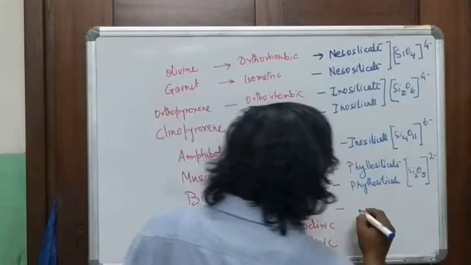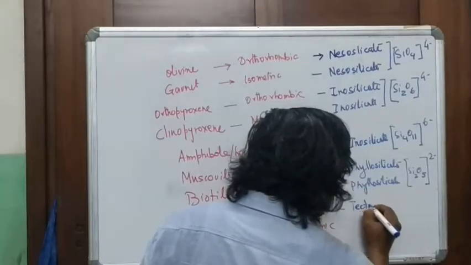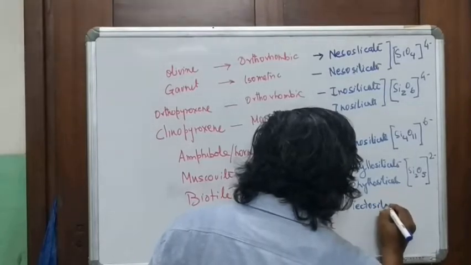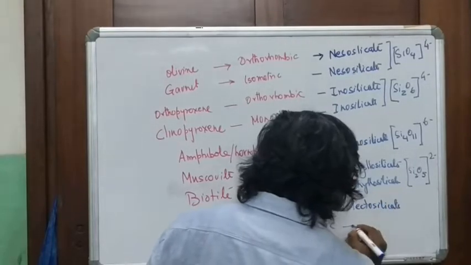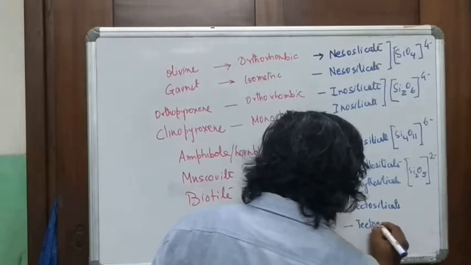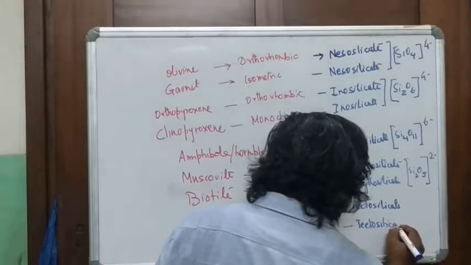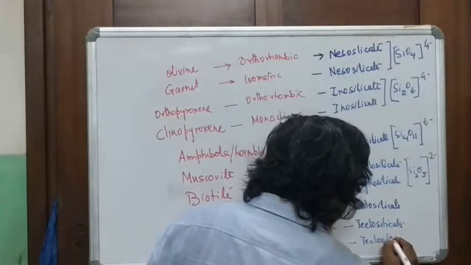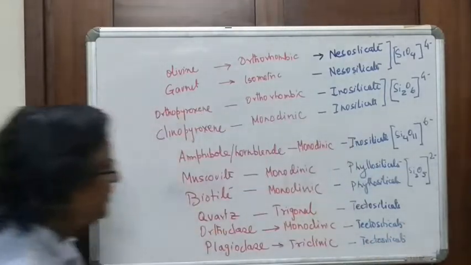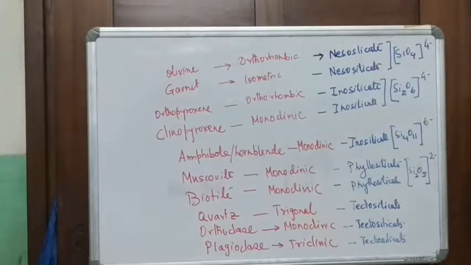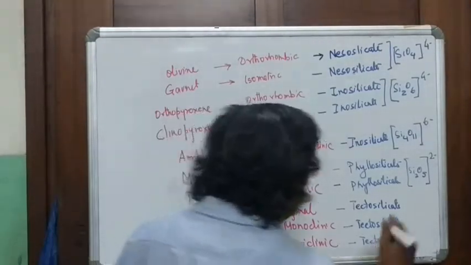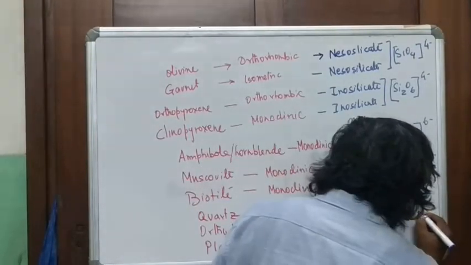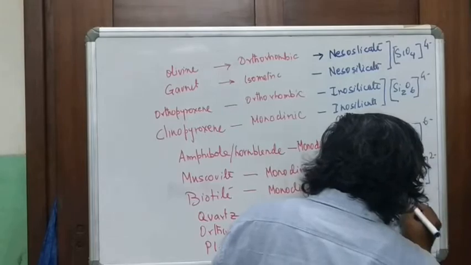These are all tectosilicates, and the formula for this is SiO4 4 minus.